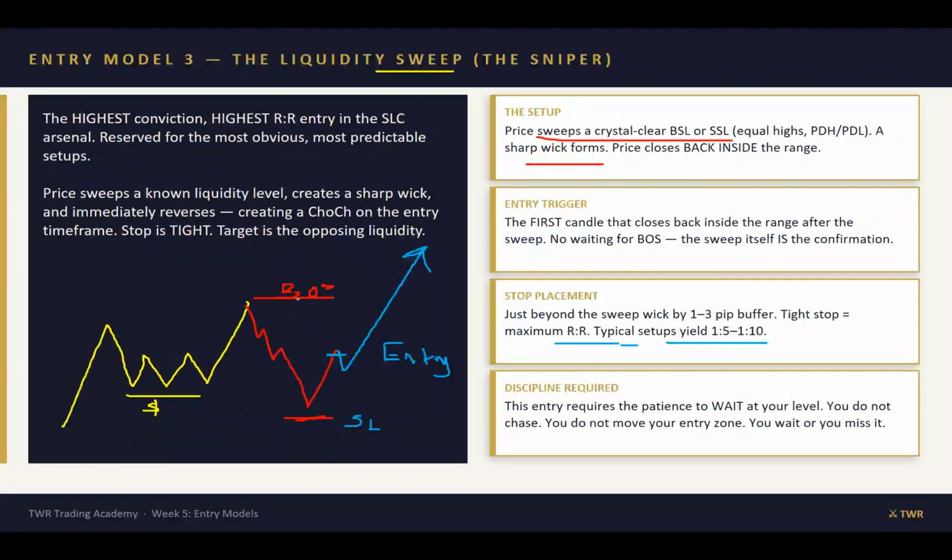The third one, that one is a sniper. You don't wait for a break of structure, okay? Because even you can find this scenario, price does not pull back to continue. And if it pulls back, that one is the next confirmed entry. You're now playing entry model 1. But this one is now the sniper, entry model 3.